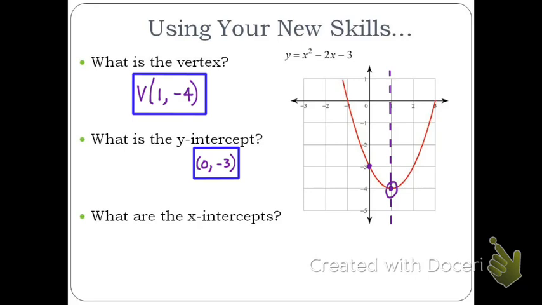Let's see, we have x-intercepts. Those would be at (-1, 0) and (3, 0). So we found our two. Alright. Nice.